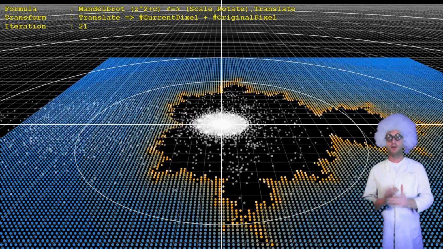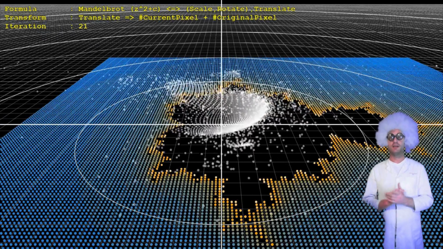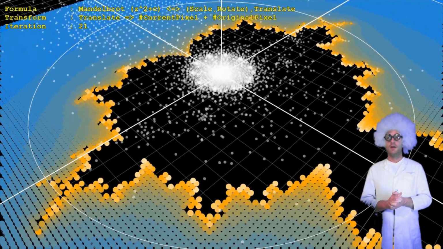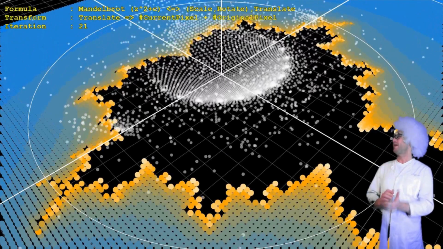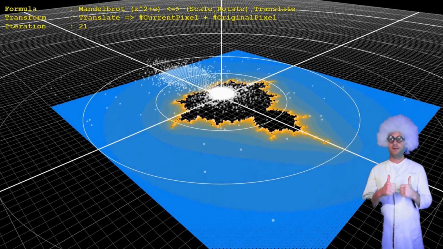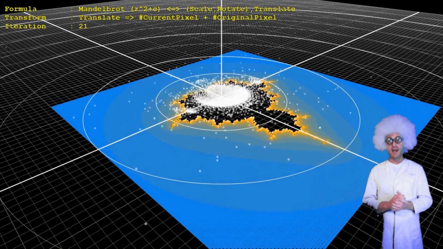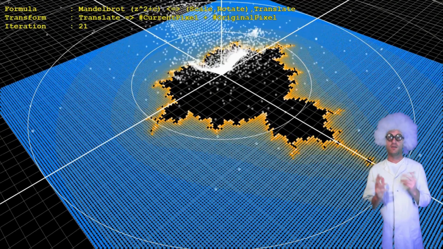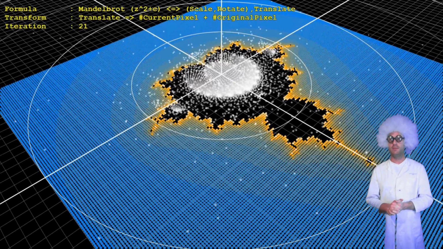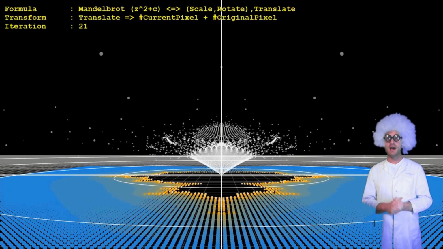The translation. Points farther away from the 0 move a larger distance. The translation creates such beautiful patterns. Let's watch the translation again from a different angle. The translation is just beautiful. It becomes more beautiful in every iteration, especially in the higher iterations.